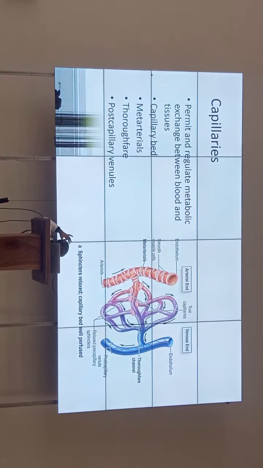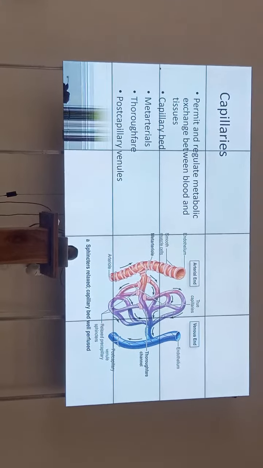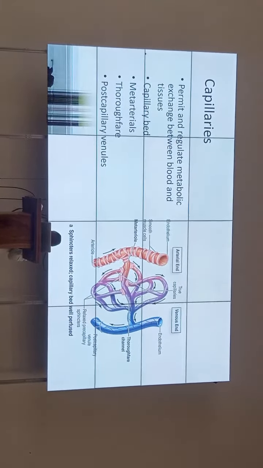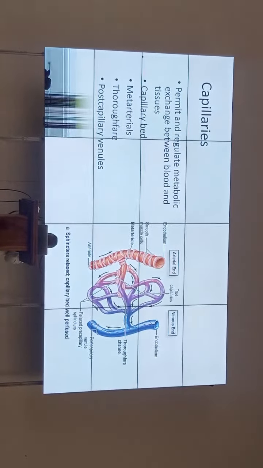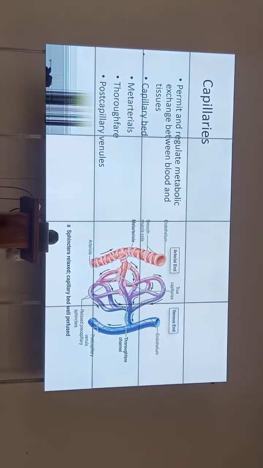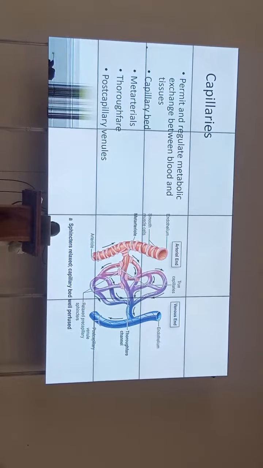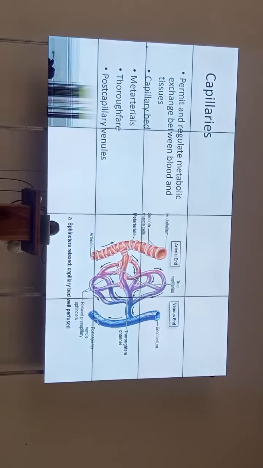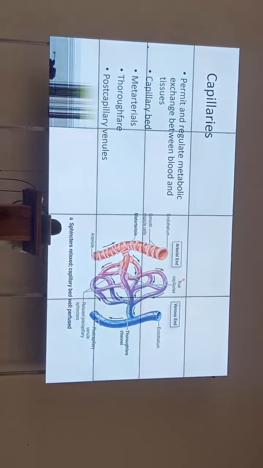So you find that the flow of blood into the capillaries from arterioles is not continuous because of these sphincters. At a certain point, the sphincters will open and allow blood to pass into the capillaries, and then they'll close to allow for exchange of materials to occur between the blood system and the tissues.